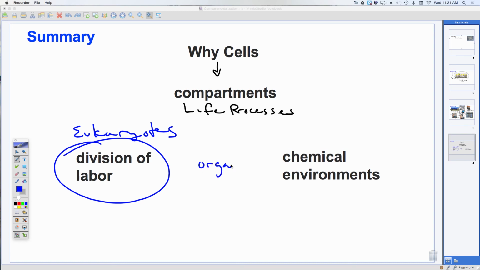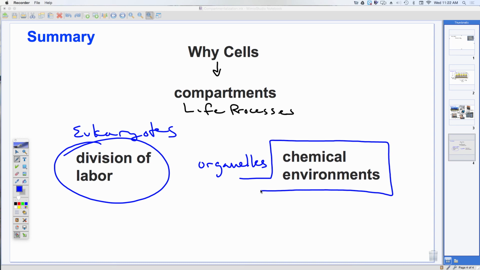And in doing that, you have these things called organelles. And these organelles are the chemical compartments where division of labor can occur. And you can have in the same cell different chemical labs doing different jobs to keep the cell alive.